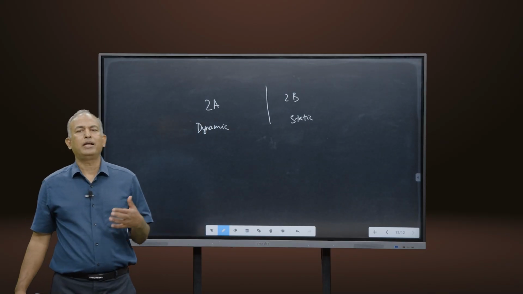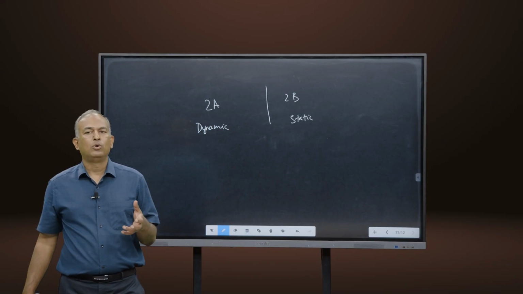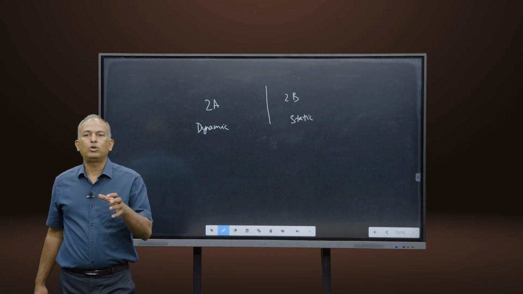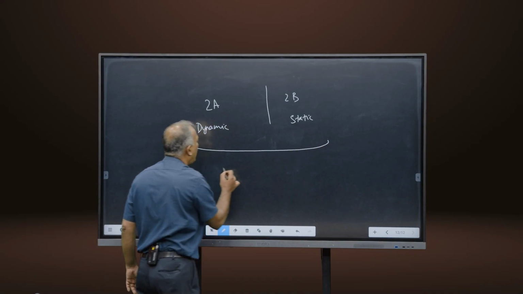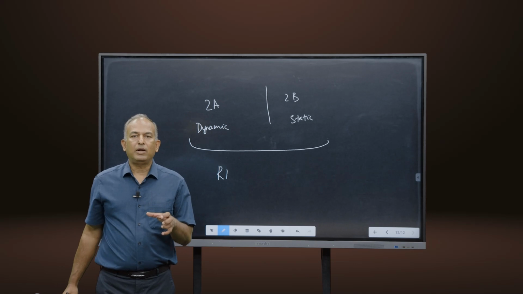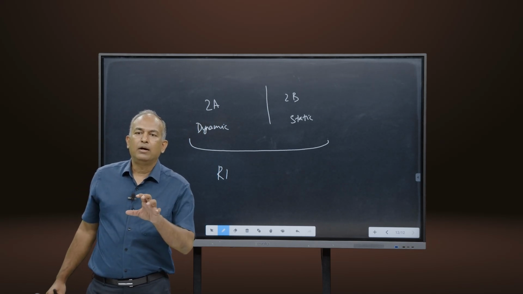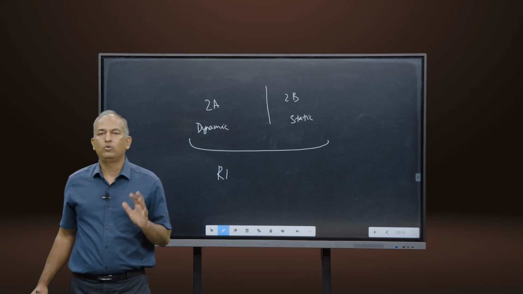What do you mean by a dynamic and a static statement? There are two components with reference to the GSTR 2A and the GSTR 2B. Both of them, we agree, auto-populate from the R1, and with reference to the R1, there are two components based on which the data flows into the 2A and the 2B.